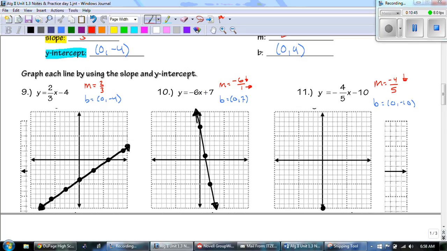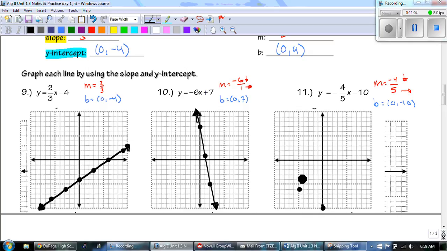I have to go down 4 and to the right 5. What I would want to do is do the exact opposite. So instead of going down and to the right, I'm going to go up 4 and then to the left, because I want to make sure that that slope is still going down, okay?